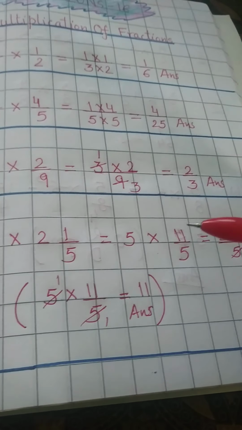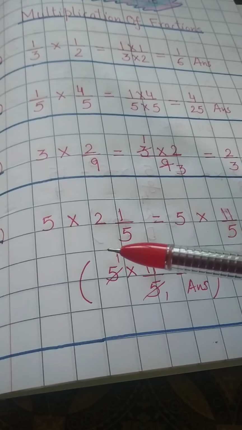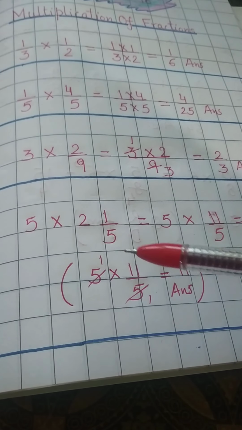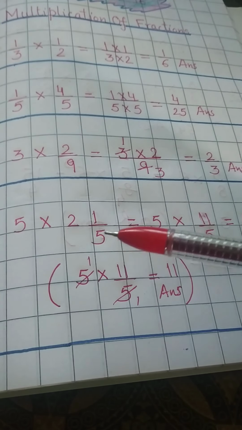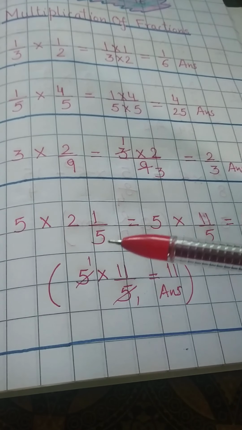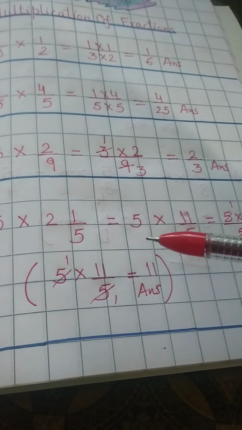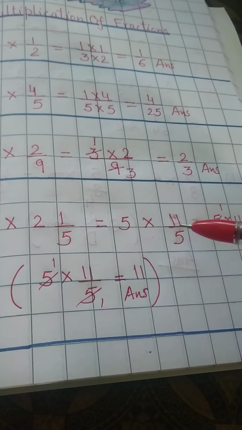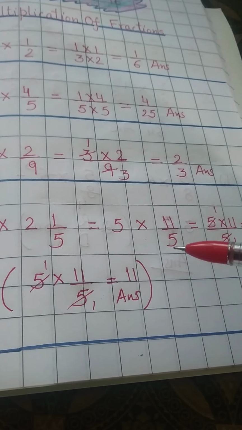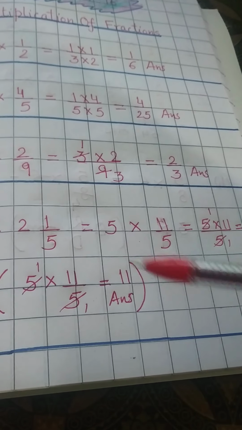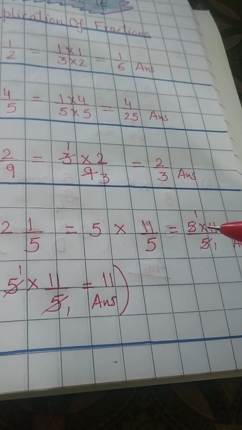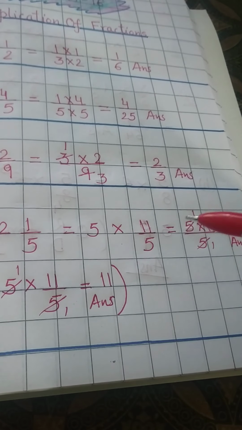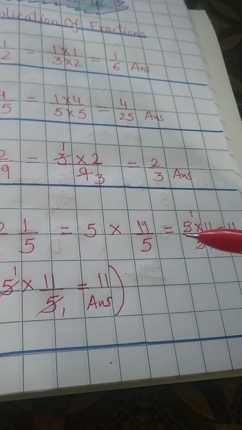Simple. Then another question, 5 into 2, 1 upon 5. Here a mixed fraction is there, so first we will convert the mixed fraction into an improper fraction. So 5 twos are 10 and 1 is 11. I will write 11 upon 5, right? So 5 is there, so we can cancel 5. I have taken another step to show you this: cancel this 5, 5 ones are 5 and 5 ones are 5.